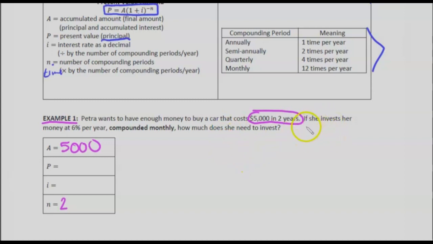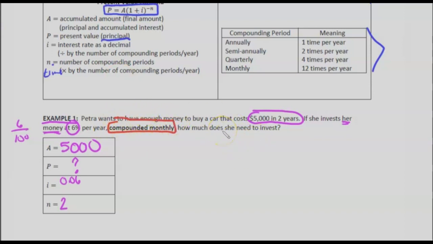Okay, now this says if she invests her money, so here's the thing, we don't know how much money she's going to invest, but if she invests that money at 6%, okay, so remember 6 as a percentage, you just divide by 100. So we get 0.06. Compounded monthly, how much does she need to invest?